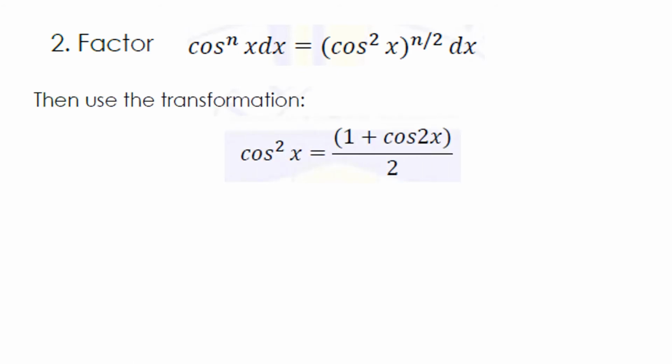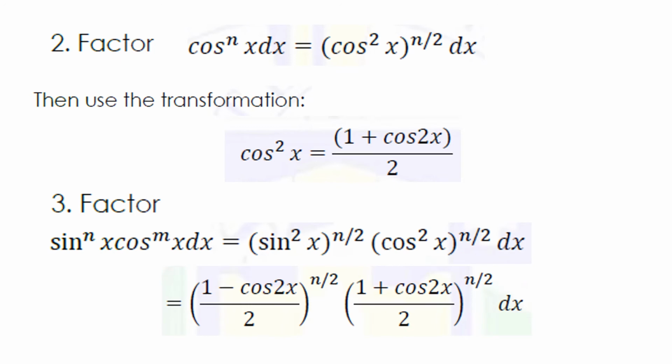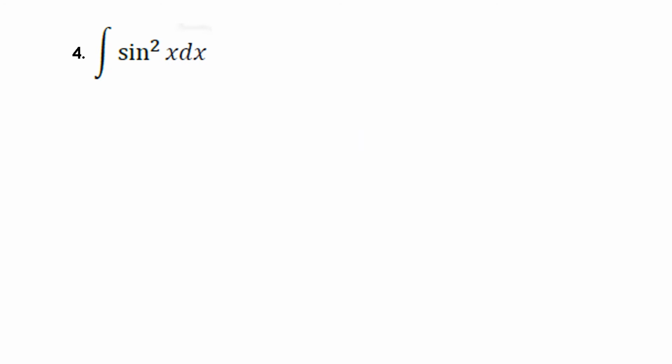And then we will be using the transformation formula for cosine squared x. That becomes 1 plus cosine 2x all over 2. And after that, we can factor out, and then we will be using both the trigonometric identity for sine squared x and cosine squared x using the double angle identities.